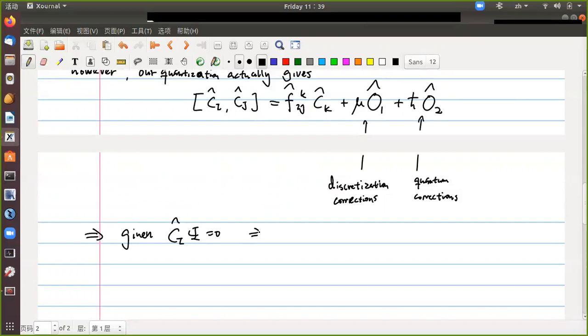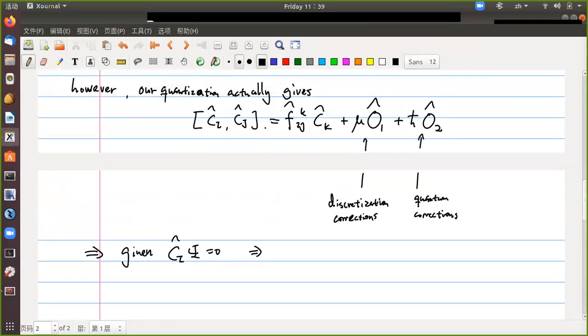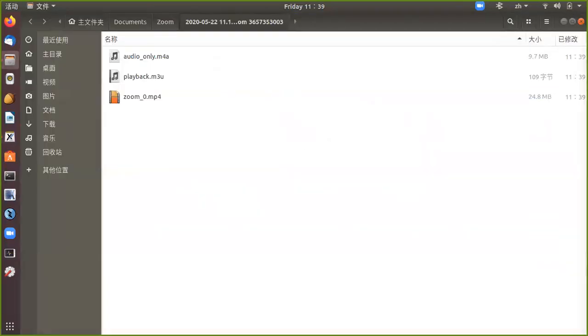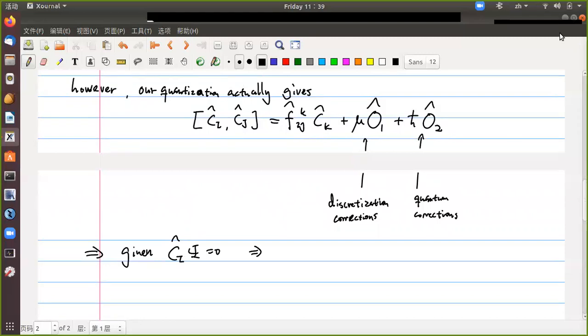Given the solution, we let the left-hand side and the right-hand side of this constraint algebra operate on the state. Firstly, the left-hand side, C_i C_j operating on psi, is still equal to 0, because psi is a solution of the constraint.